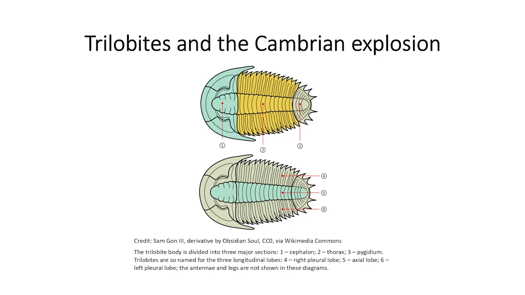They existed for 270 million years. Over 22,000 species have been described. They reached a large size, measuring more than 70 centimeters and probably weighed as much as 4.5 kilograms.